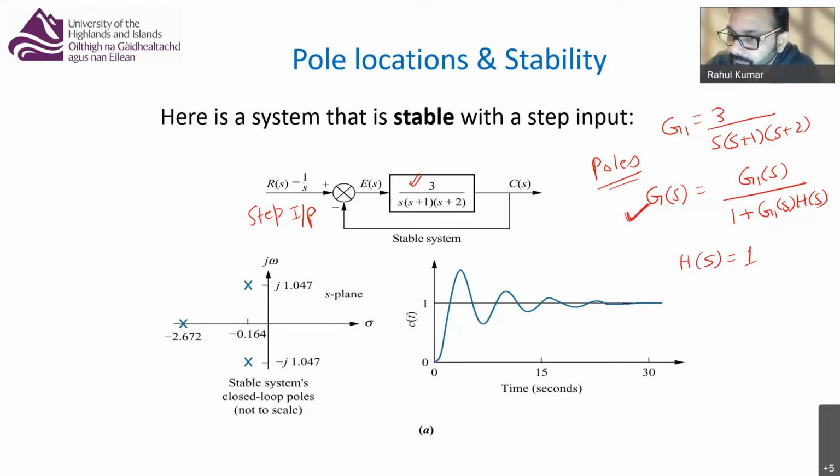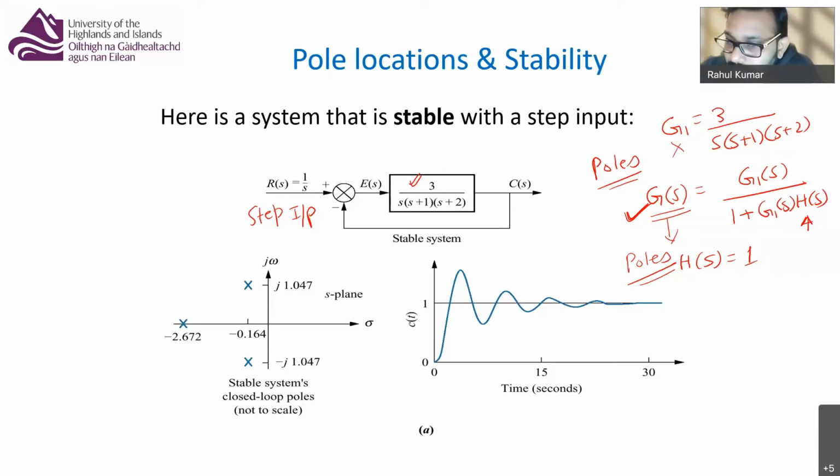Just replace H of s by 1 and G1 by this. You will get G of s, your equivalent transfer function, and from that equivalent transfer function you can find the value of poles, not from G1. You cannot use G1 to calculate your poles.